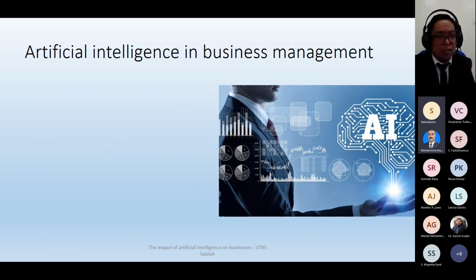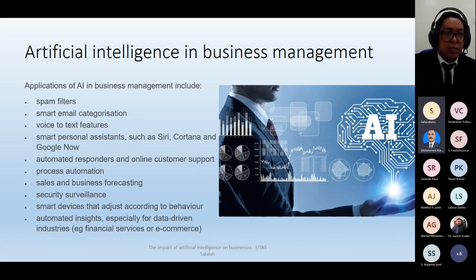These applications of AI in business management might include this list. Spam filter, quite common nowadays in our email applications, smart email categorization, voice to text features like translation.